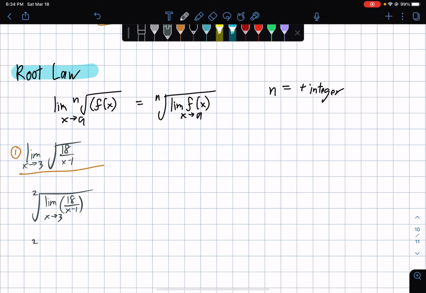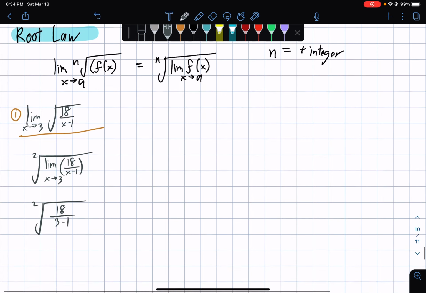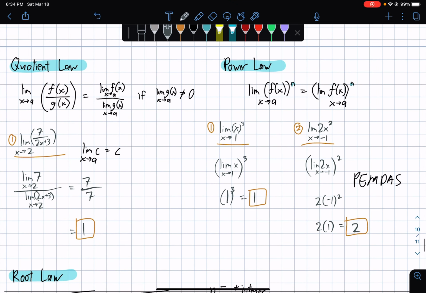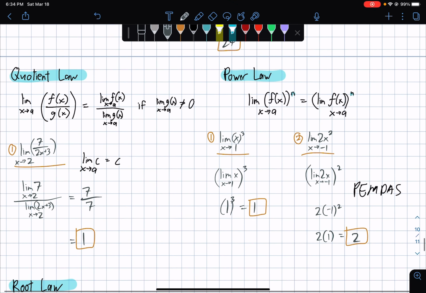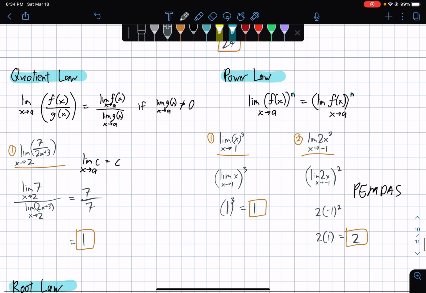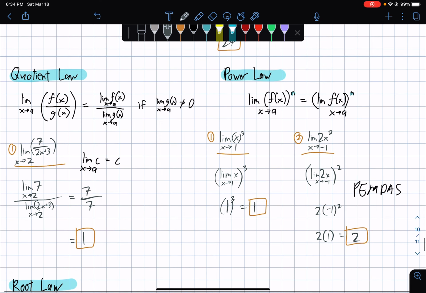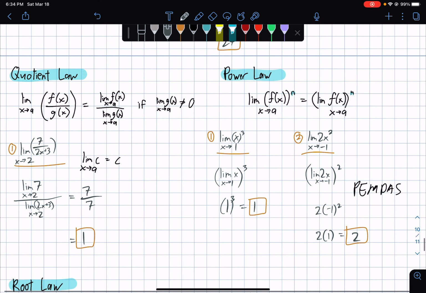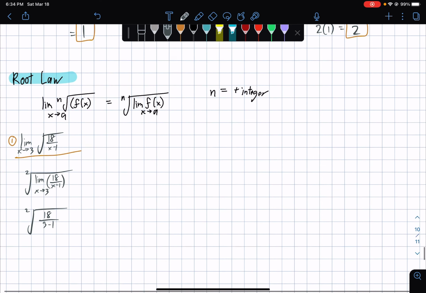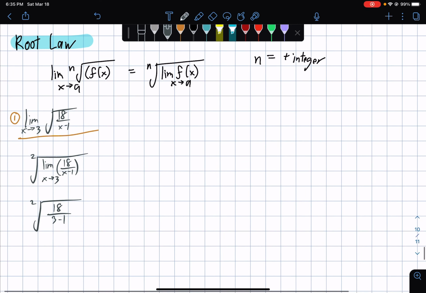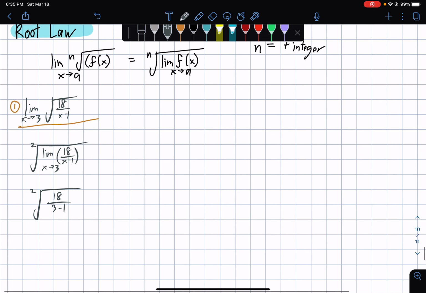So 18 over 3 minus 1, I guess, and for some reason we don't use the quotient law. Well, we actually do technically, but then we don't really feel it here.